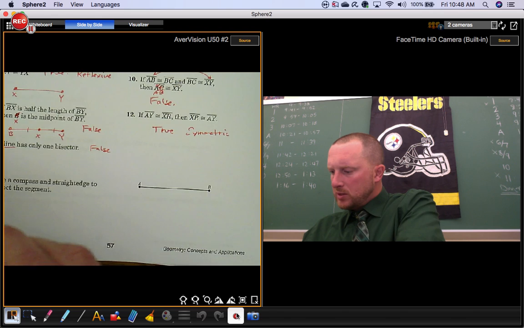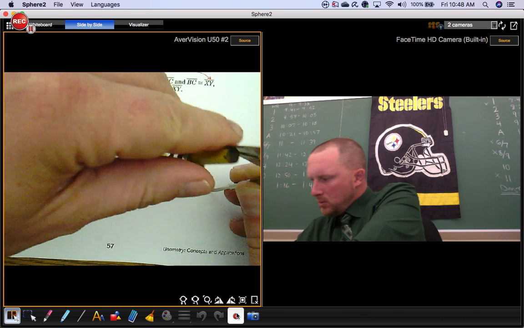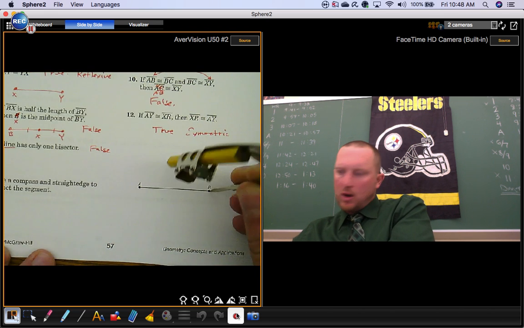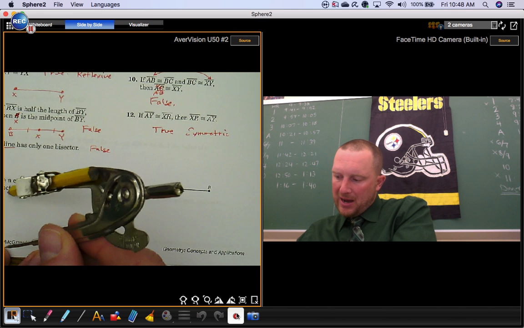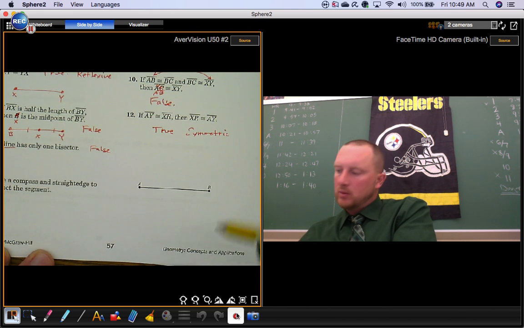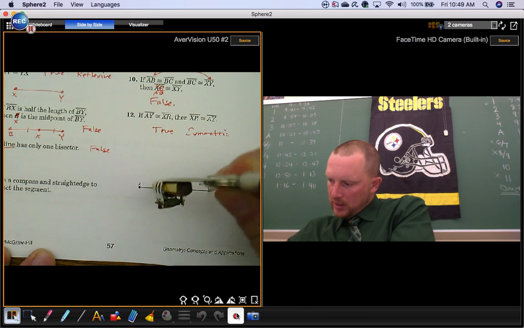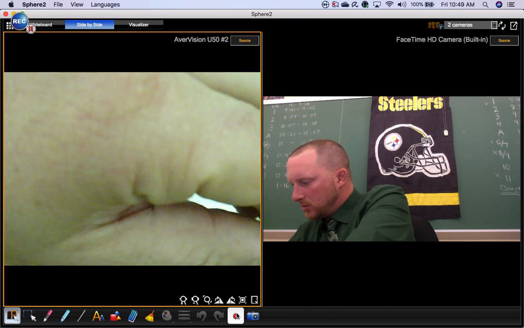What you want to do is open your compass to a certain distance where you can swing an arc that's definitely past where the midpoint would be. So if we want to bisect the segment, that means we need to find where that midpoint is. Now this distance right here, if I swing an arc this way, I'm definitely going past where the midpoint would be.